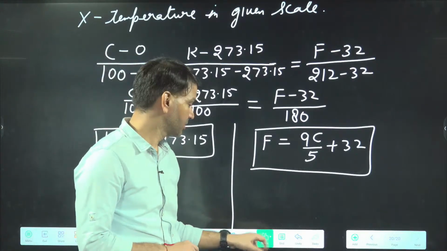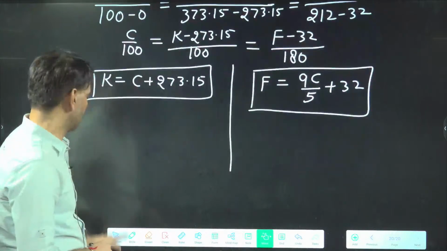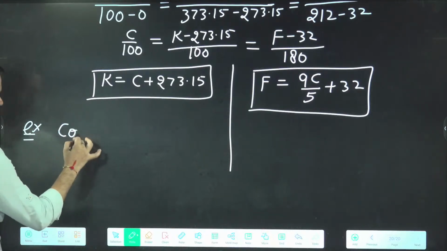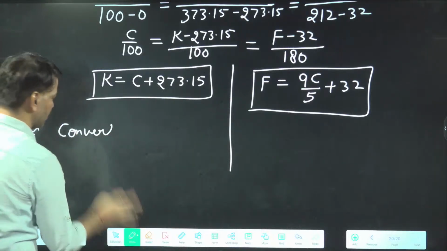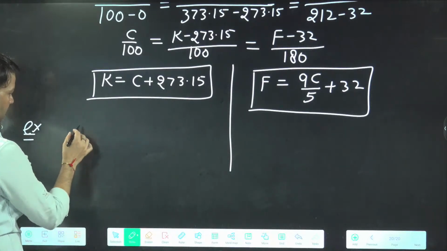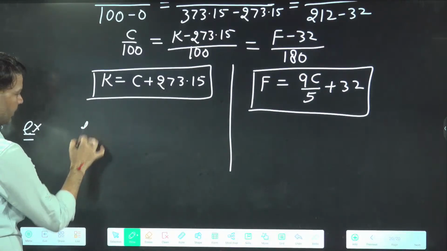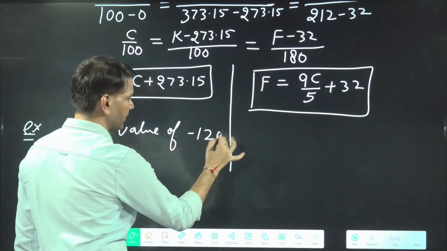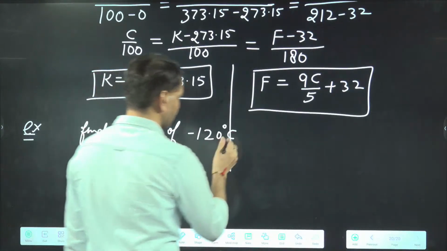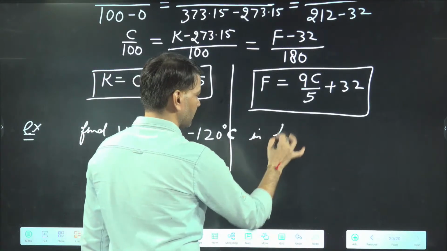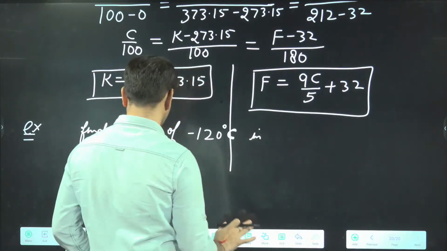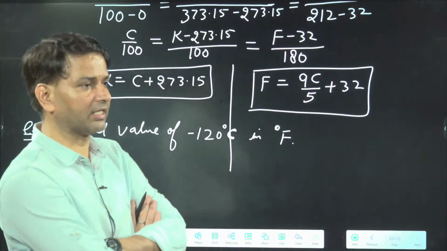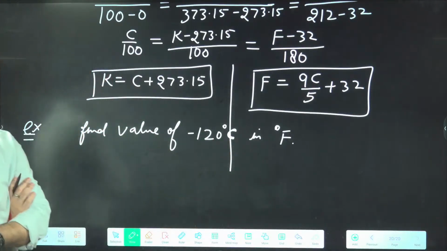Got it? Now suppose I am asking, convert or find the value of minus 120 degrees C in degree F. Means if you have the Celsius temperature as minus 120, what is the corresponding value in the Fahrenheit scale?